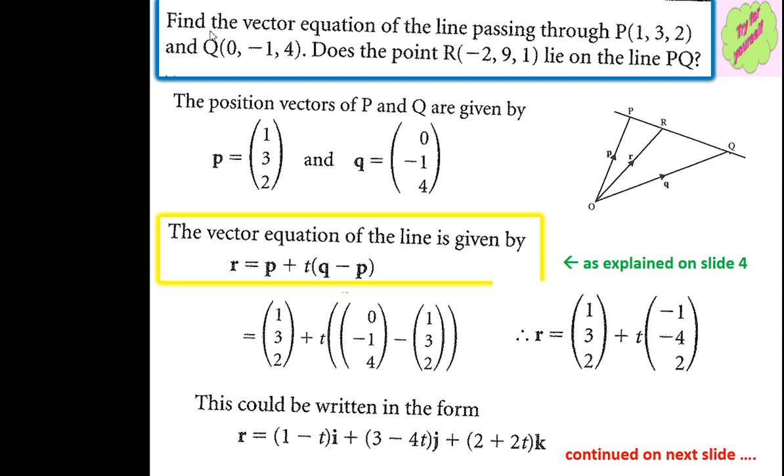Let's do some more of this. It continued from the previous slide, because what were we asked? Oh yeah, we've found the vector equation. That's fabulous. Now, don't forget there's a second part to the question. Does the point R, -2, 9, 1, lie on the line PQ? That's something we've got to work out now.